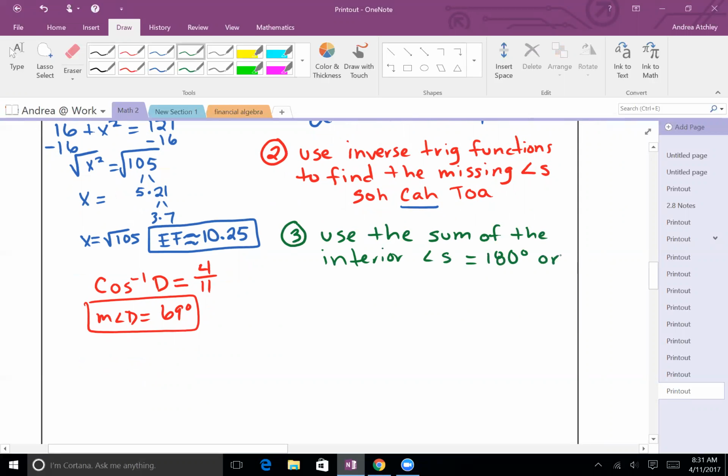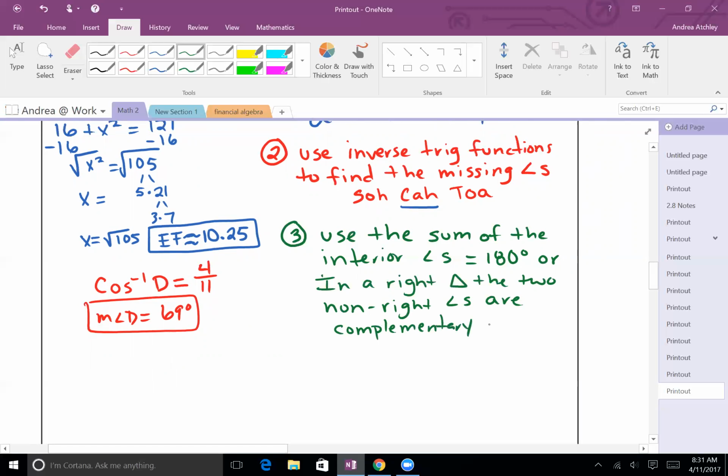We're going to use the sum of the interior angles equals 180 degrees, or in a right triangle, the 2 non-right angles are complementary, which means they equal 90 degrees.